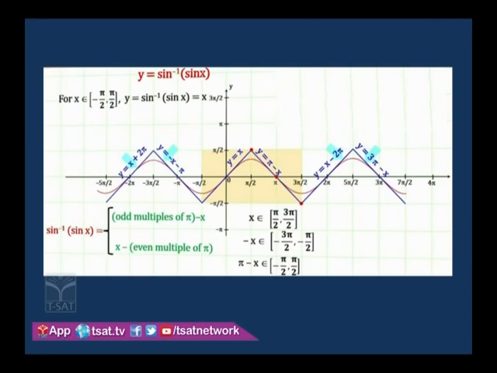If the multiple is even, then the output is x minus the even multiple of pi. Here 6 pi is there, which is an even multiple of pi. In our problem, 6 pi is an even multiple of pi.